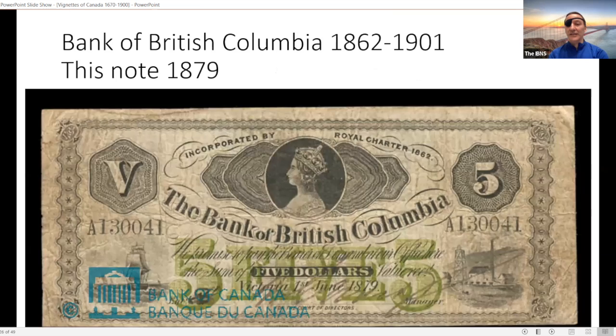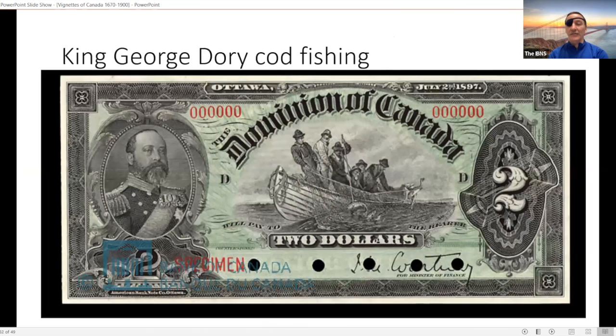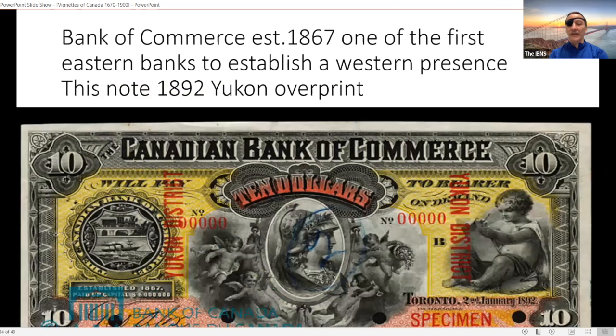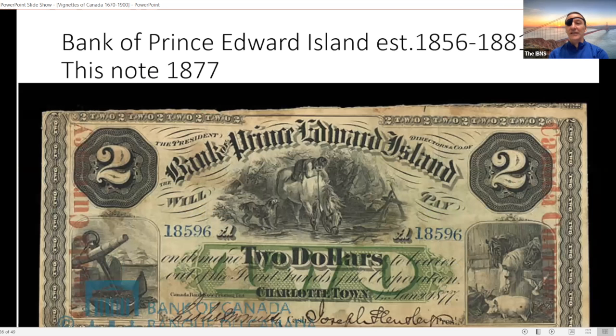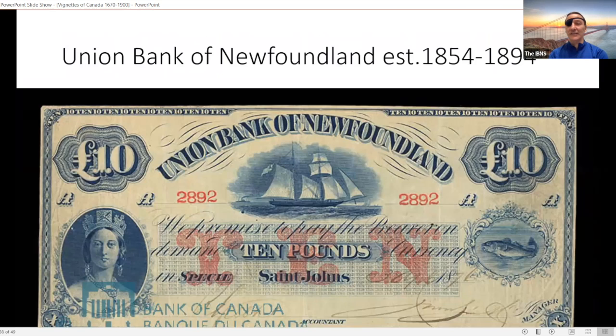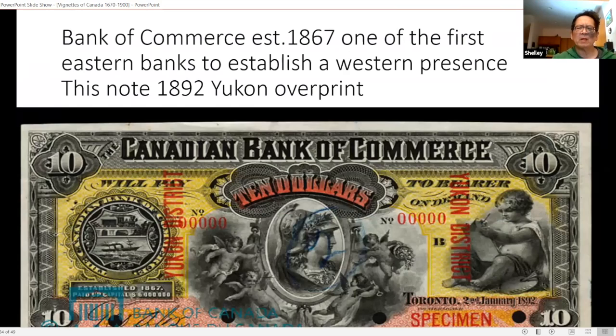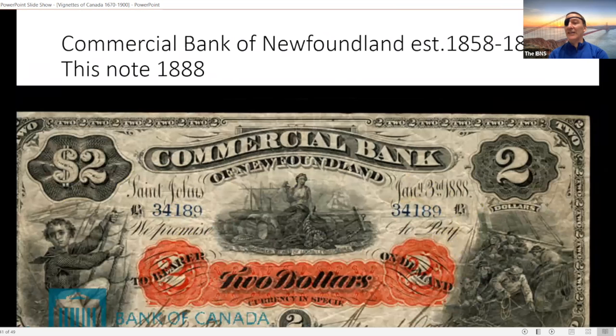No, next. I'll tell you when it comes. It's the $10 Bank of Commerce with the 2 lions at the center. It's not this one. Okay. That is the same bank which had the famous $100 counterfeited.